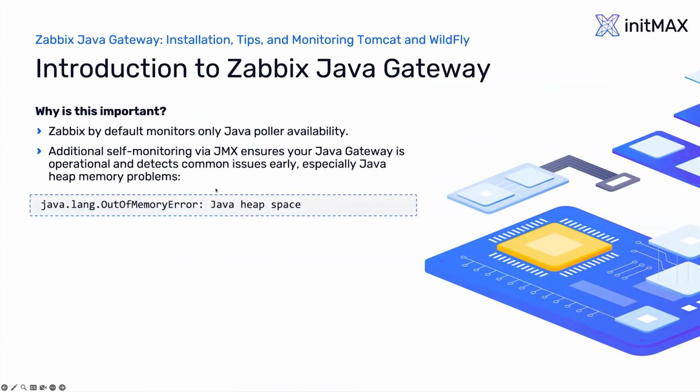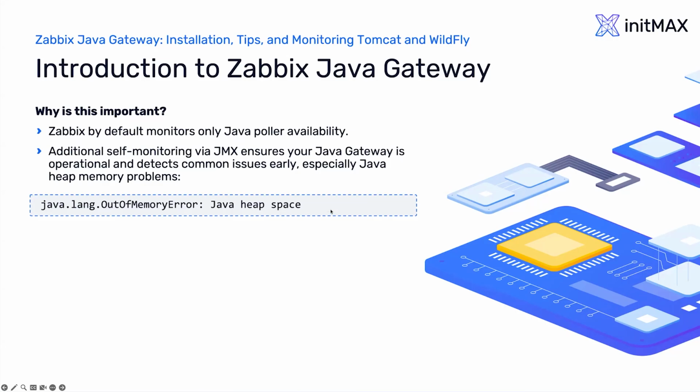Why is this important? Zabbix by default monitors only Java poller availability. Like, is the poller available? How busy is it? Additional self-monitoring via JMX ensures your Java gateway is operational and detects common issues early, especially Java heap memory problems that would also produce error lines in your log about out of memory error, Java heap space.